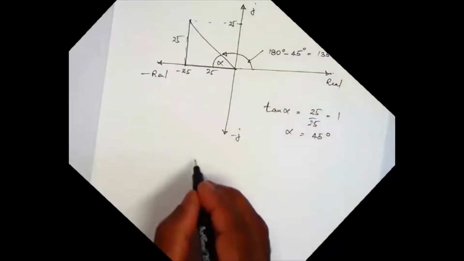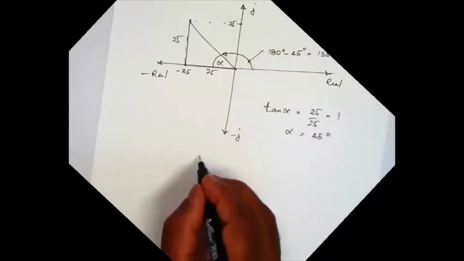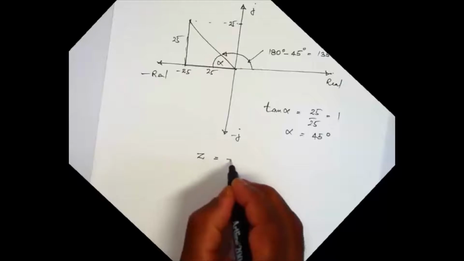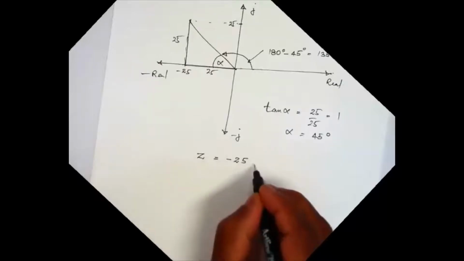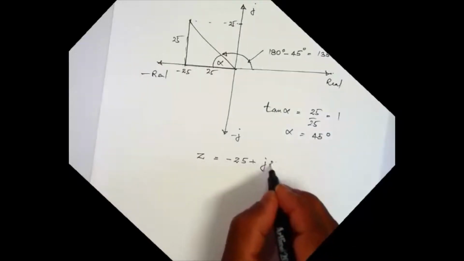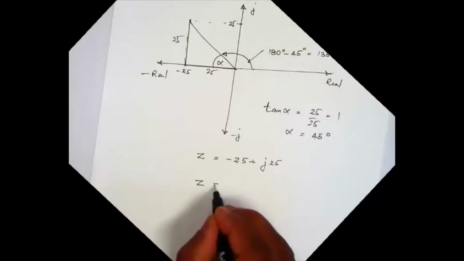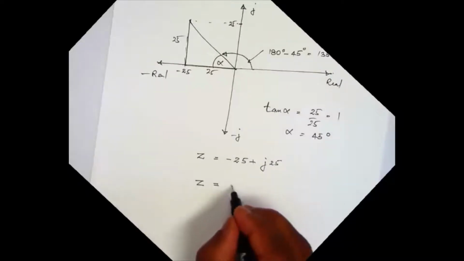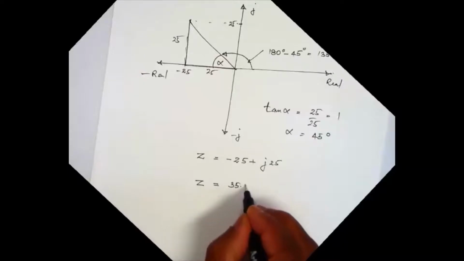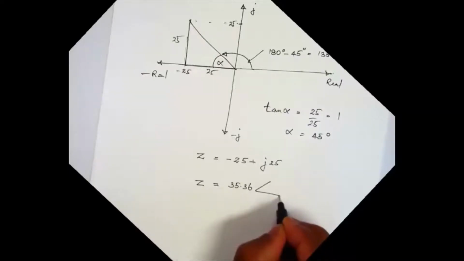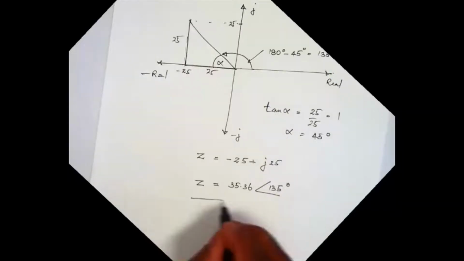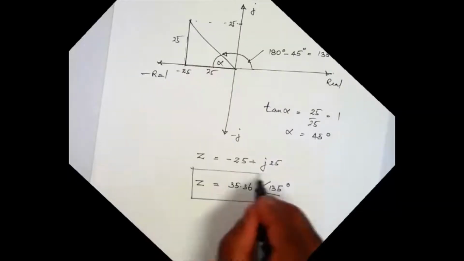So our complex number, which initially was negative 25 plus j 25, we can now represent in polar form as 35.36 angle 135. So that's the answer.